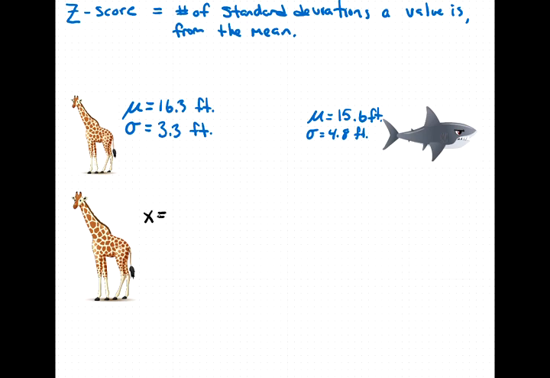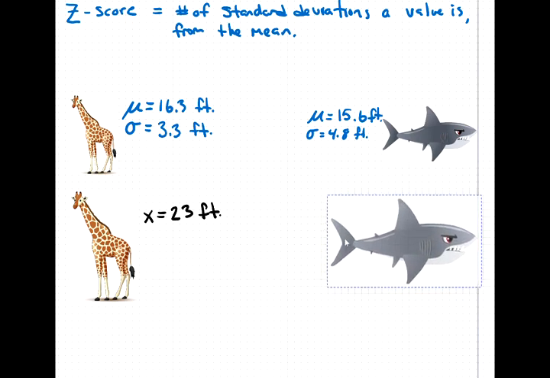So this particular giraffe is 23 feet tall. And you finish up your safari, you get on a boat, and you go swimming in the ocean. And while swimming, you come across a great white shark that is larger than average. And let's say the great white shark that you encounter is 24 feet long.